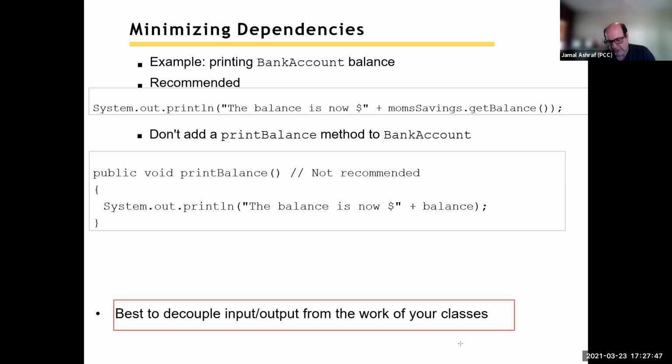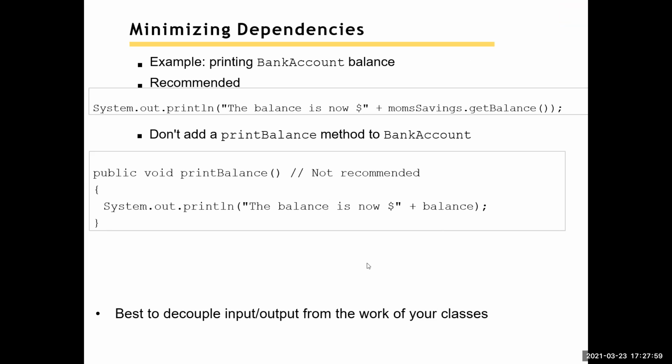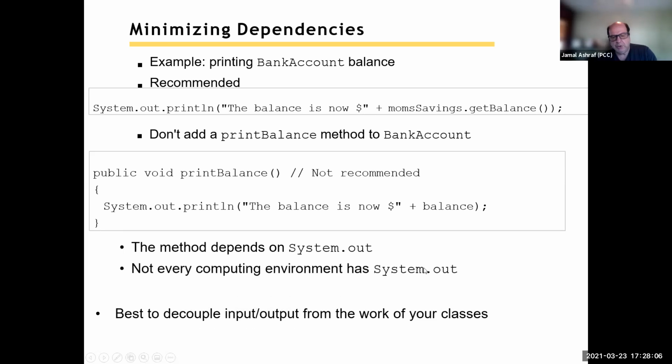That's not the case. So to reduce dependency on the input output, we just remove it from the class. Questions so far? So they are dependent on the System.out, and not every computing environment has the System.out, and we just want to review.